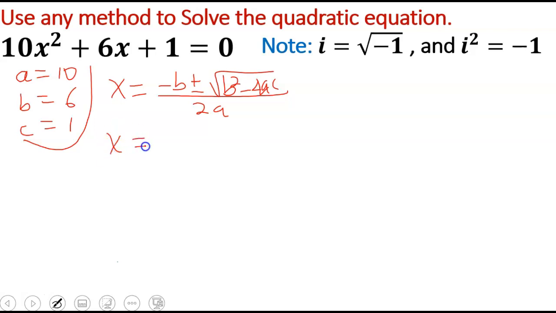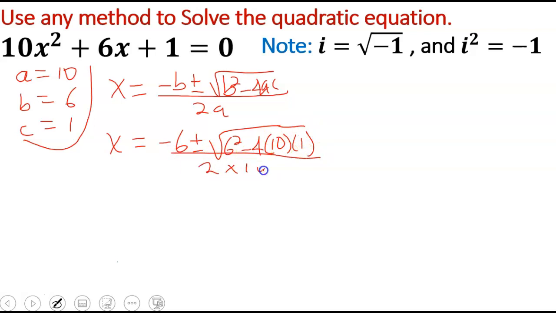So x equals negative, b is 6, plus or minus square root of 6 squared minus 4 times a is 10 and c is 1, all over 2 times 10.